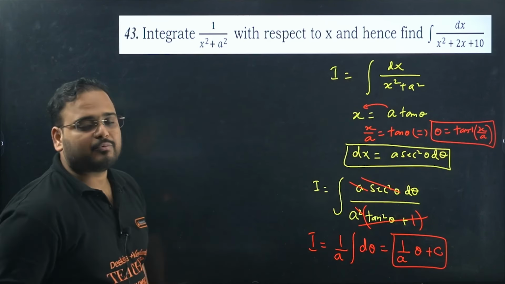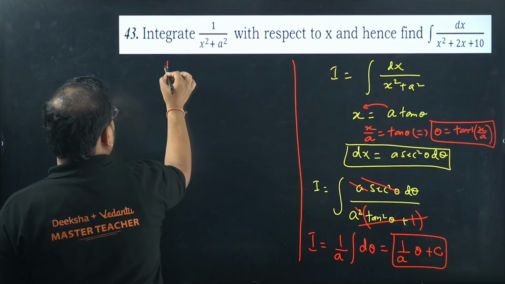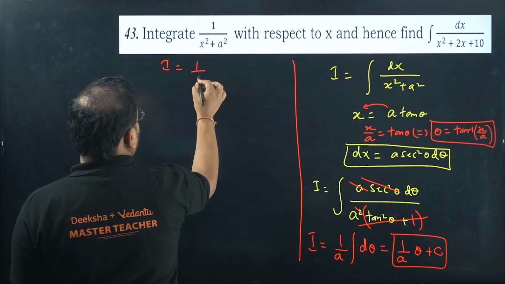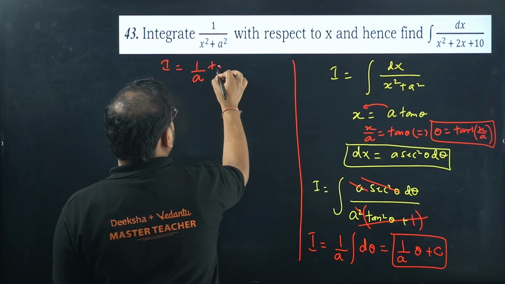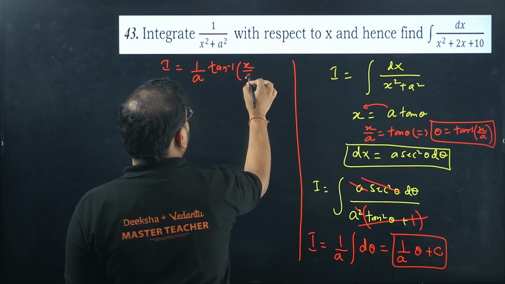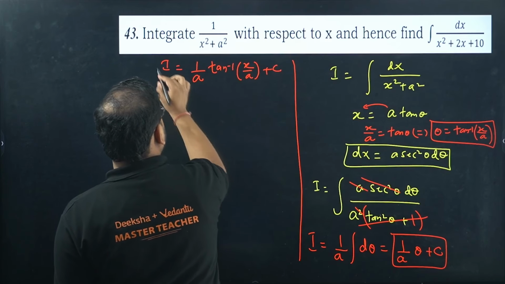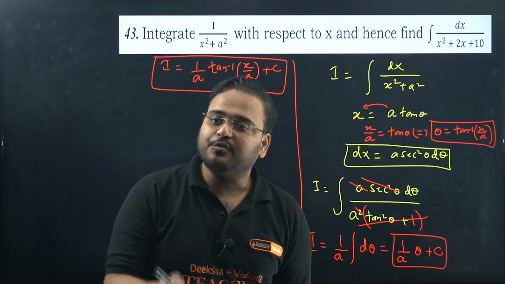Combine them together and you have the result like this. Integration I becomes equals to 1 by a, and theta will become this value, tan inverse of x by a plus c. This is your final answer for the first part.